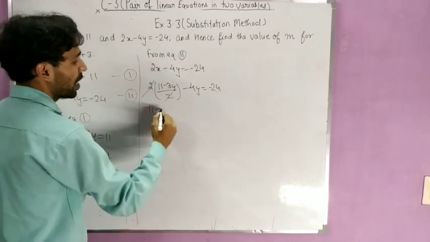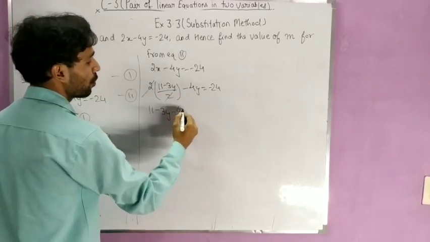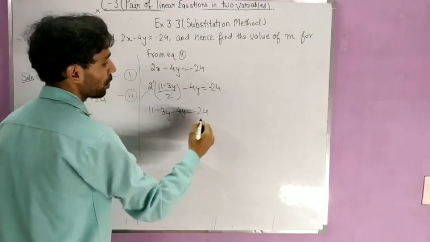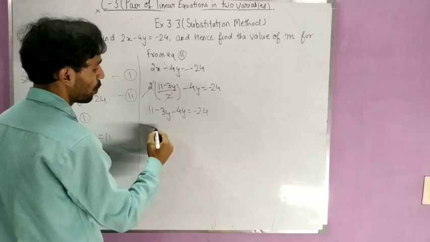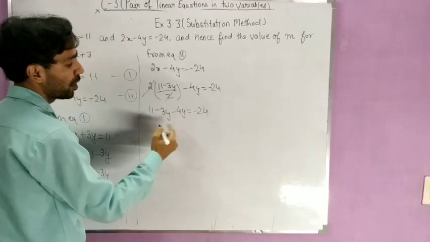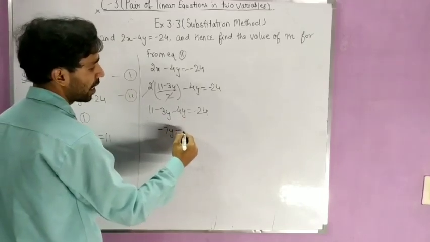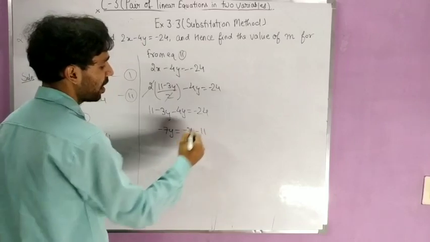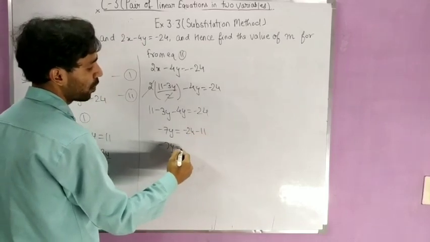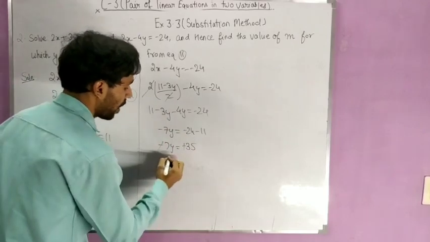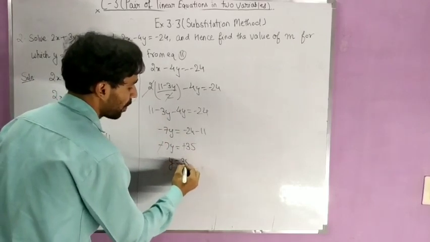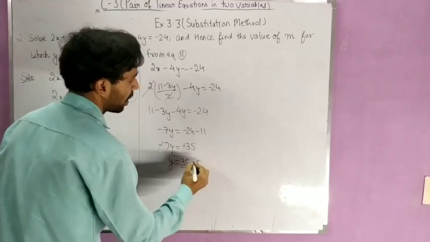Now 11 minus 3y minus 4y equal to minus 24. Now transfer this 11 to this side. So this both will become minus 7y, and here minus 24 minus 11. So minus 7y equal to minus 35. Minus minus cancel, so y will be equal to 35 by 7, which is 5.